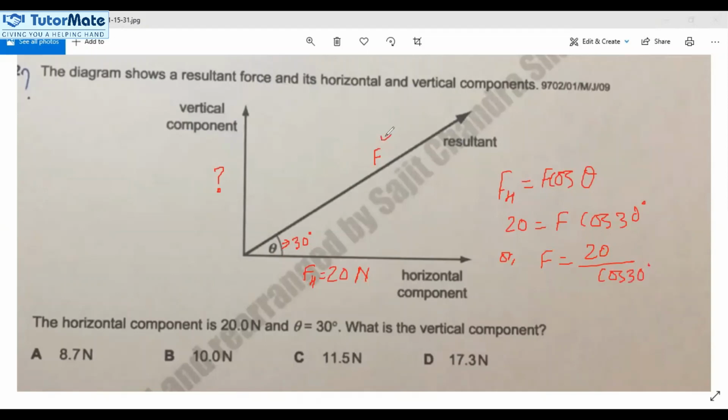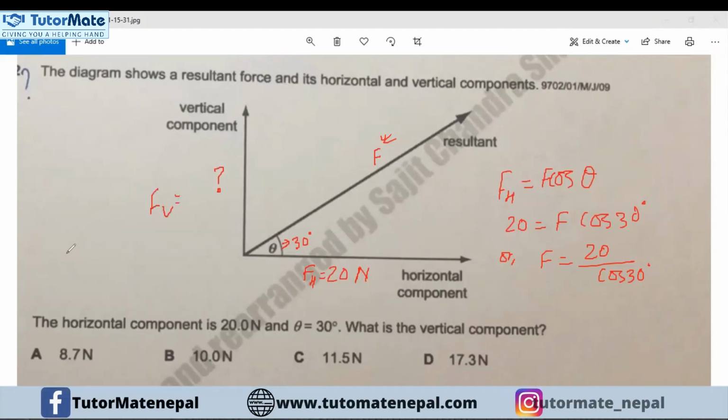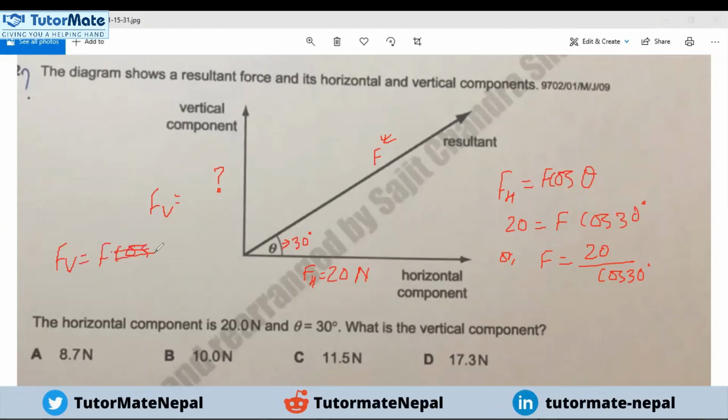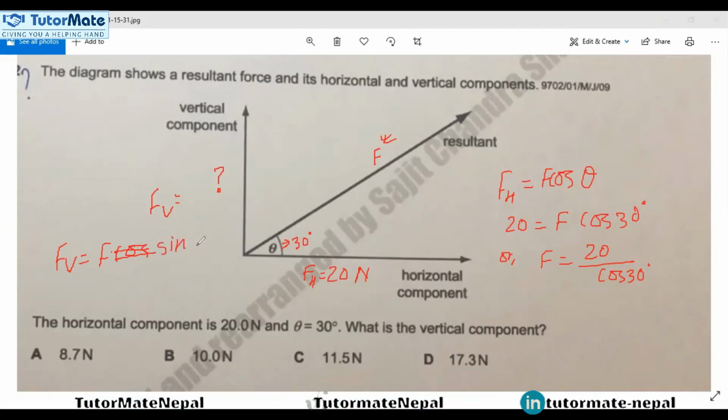Once we get F, then to find Fv, which is the vertical component, it's easy, isn't it? Fv would be F cos, I'm sorry, it's not cos, it's sine, because the angle is associated with the horizontal component, so it should be sine theta, that is F sine 30 degrees.